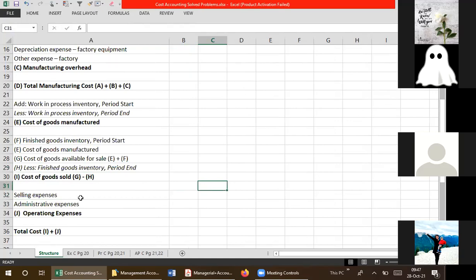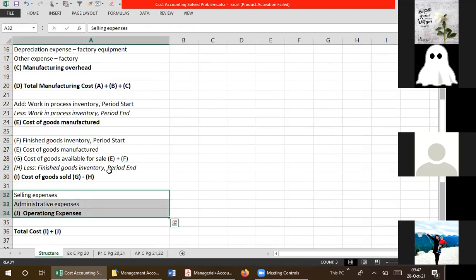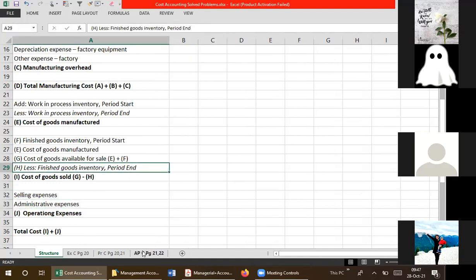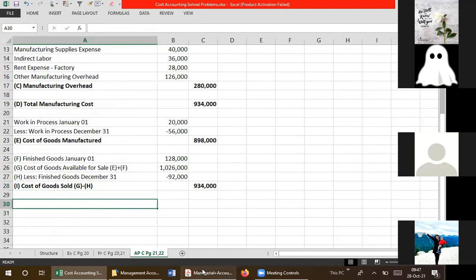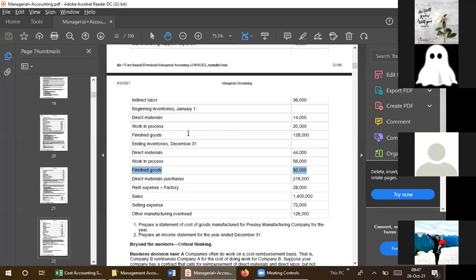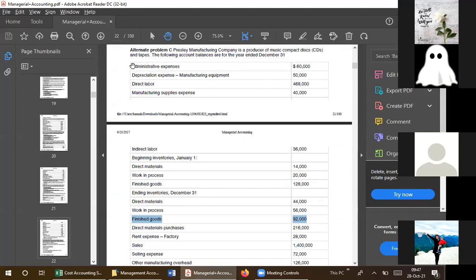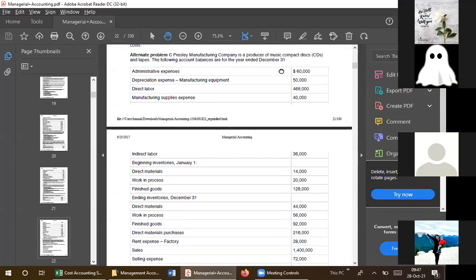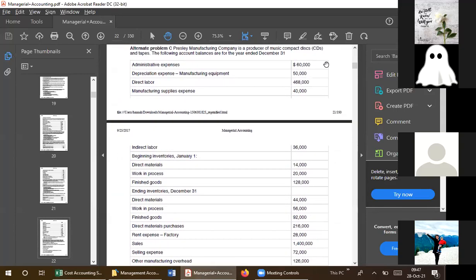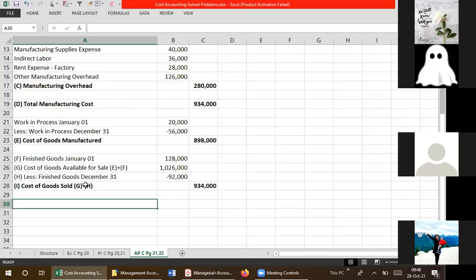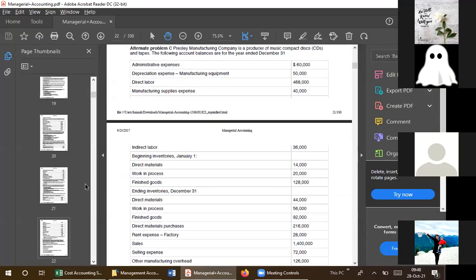Then we have selling expense and administrative expenses. That is our operating expenses. We have our administrative expenses, 60,000.